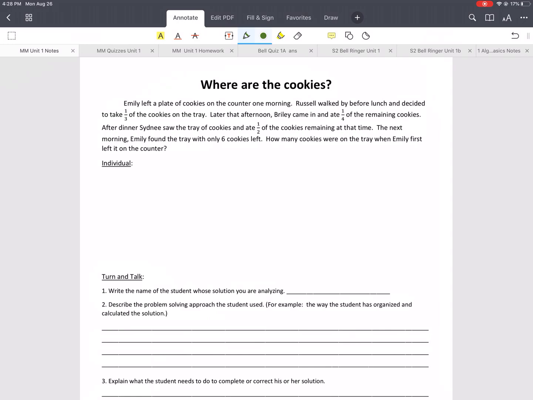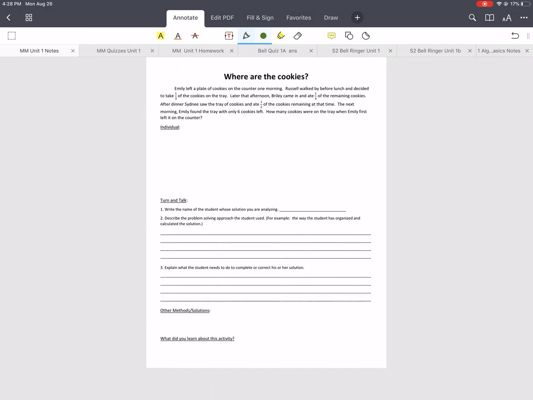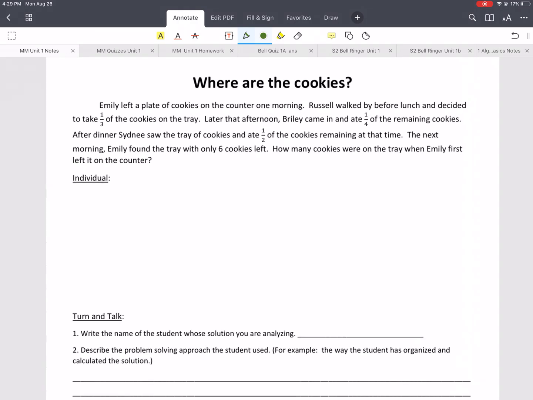Yeah, I think I'll save that for you to give that a shot. When you do that, or if you have any questions, come and talk to me, or you can talk to your neighbor, because in class we're going to have the students figure out, discover how this happened and what was the original amount of cookies. But I'll talk over it with you.